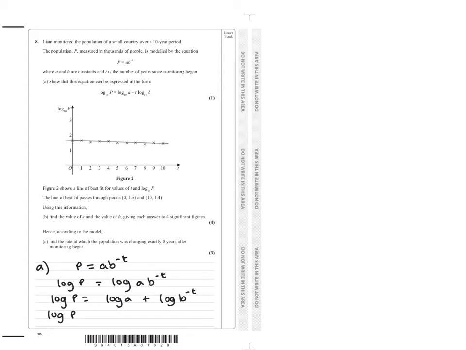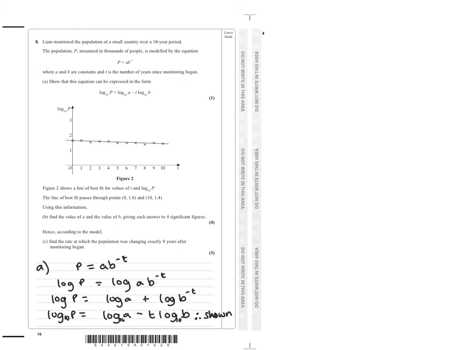We're going to get log P equals log of A minus t log B. Let's just double check that's right. P, yep, A, yeah, perfect. Now don't forget, you can clearly see it says log to the base 10. Just make sure you write log to the base 10. Perfect, therefore, shown. Okay, nice and simple.